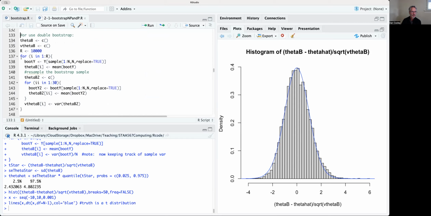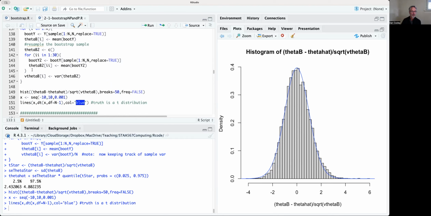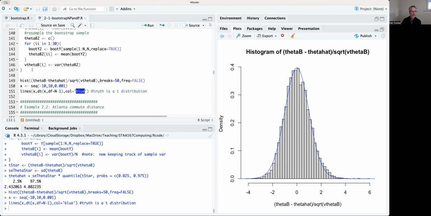If you look in this for loop, here we're collecting our bootstrap sample, we're collecting our mean, and then what we do is another bootstrap. So we bootstrap this bootstrap, and we do this a bunch of times to get the uncertainty associated with this estimate. And so that's just an illustration of the double bootstrap.